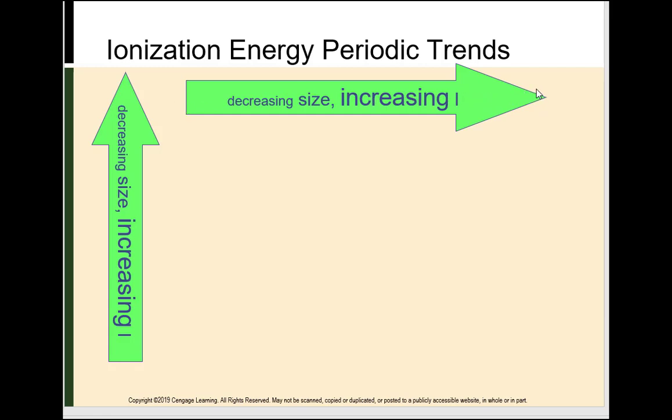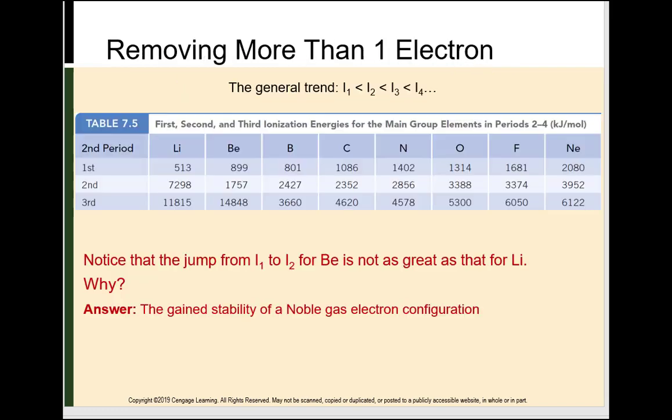If it's decreasing size, that means the electrons are closer to the nucleus, therefore harder to pull away. And as I just showed you with magnesium, if we wanted to remove more than one electron, the general trend is that the more you remove, the greater amount of energy is needed. So ionization energy to remove 4 would be greater than 3, which is greater than 2, greater than 1.